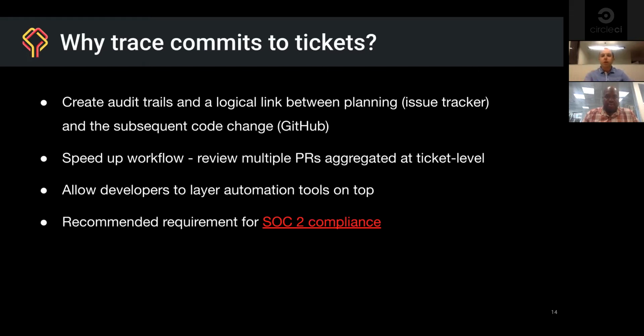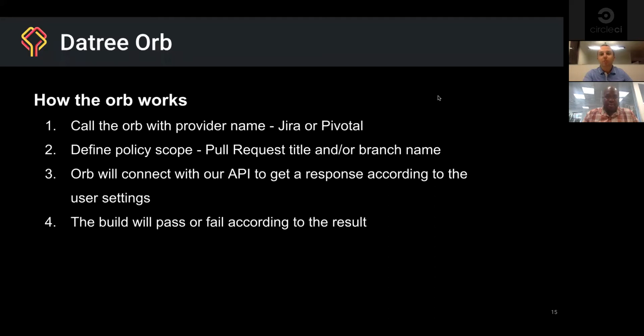So now that we understand why it is important to make this logical connection, let's talk about how the orb itself works. In order to use the orb, you have to specify which type of provider you are using, because the orb will check via regex whether you submitted the pattern in the right way, and different issue trackers might have different patterns.